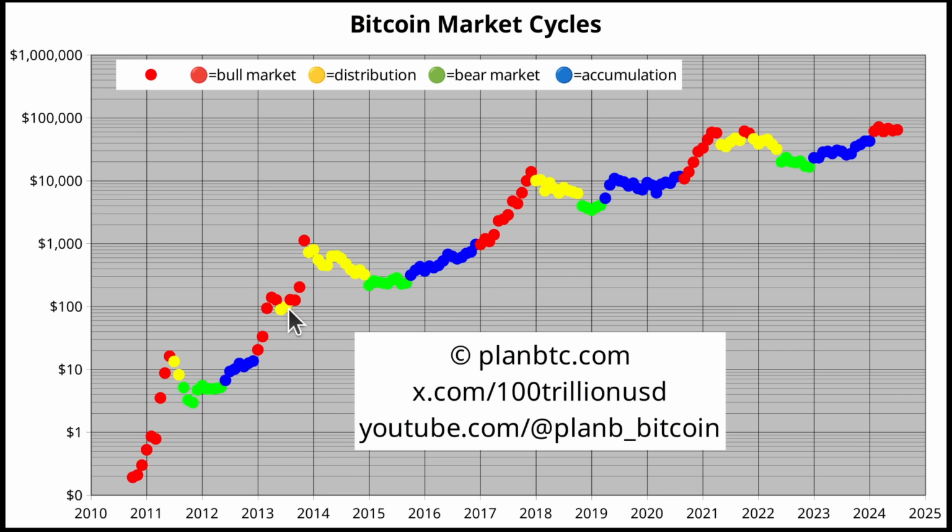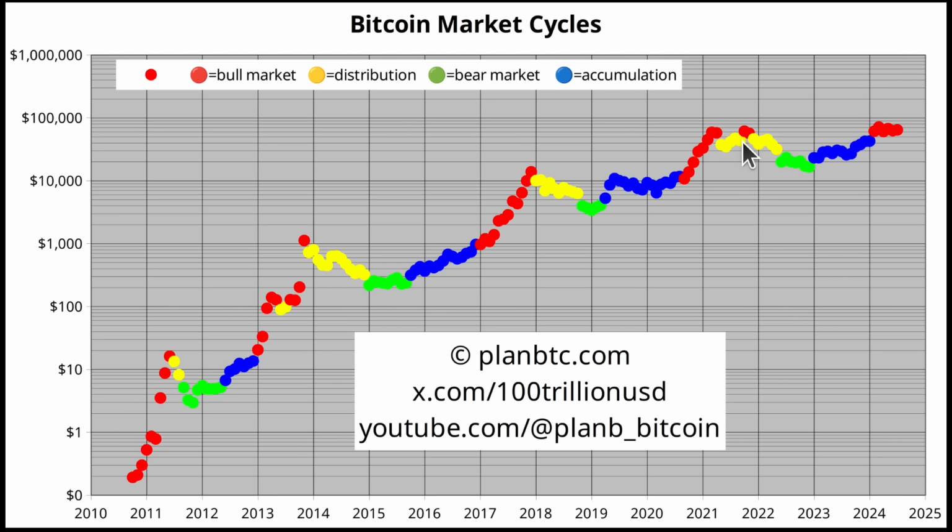Ideally you would have these dots not yellow but still red, but it wasn't. So of course you go, maybe you sell your coins here, you buy them back here, you make some loss, but that would have turned okay in 2013.